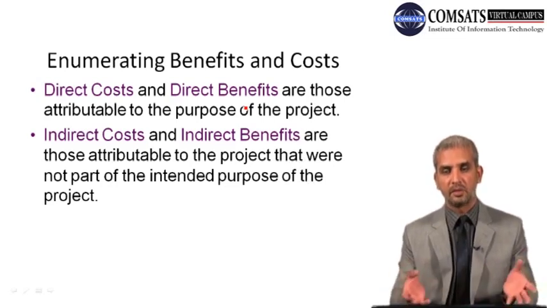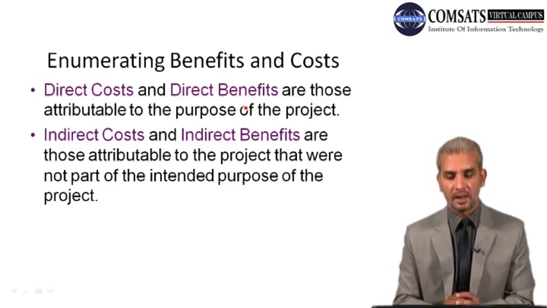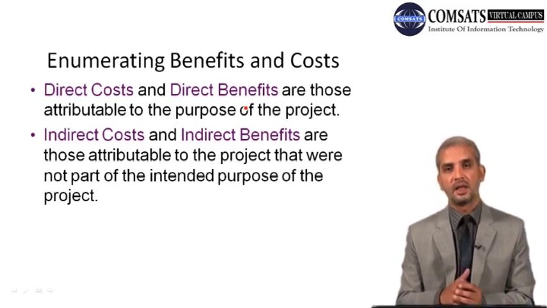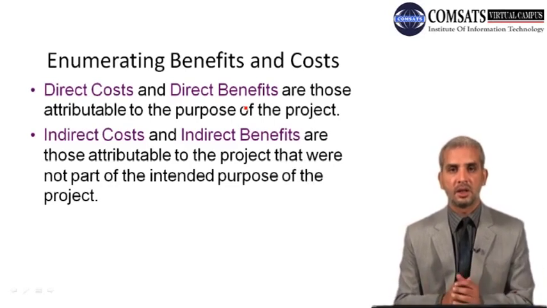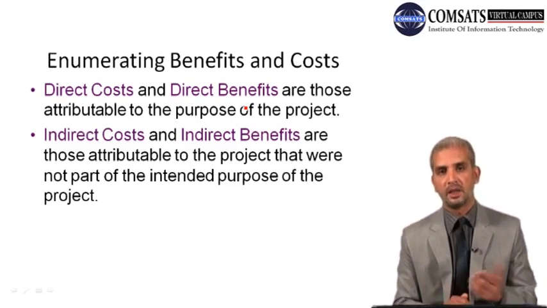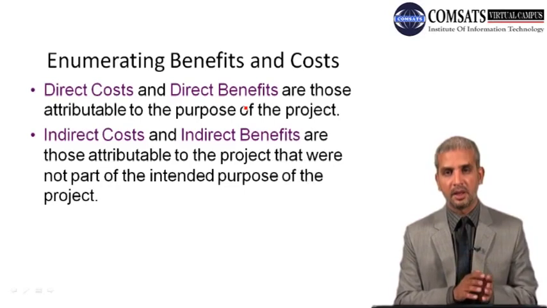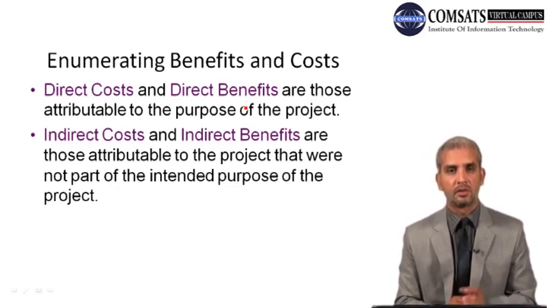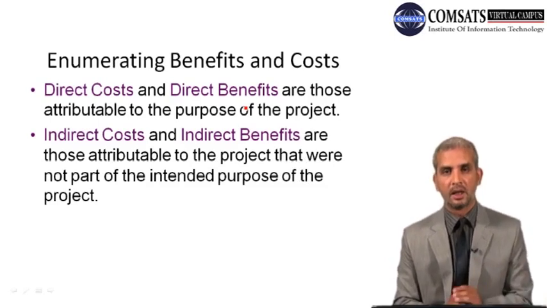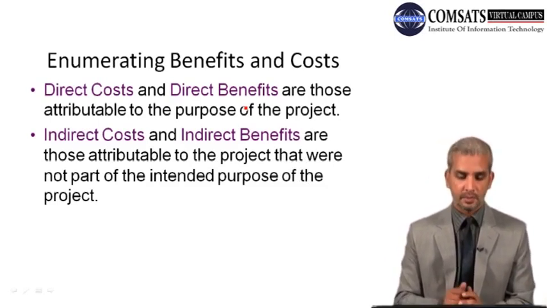Those just originated from taking up that project. In terms of indirect cost, that can be, for example, a decreased water level in some other region, or less water supply in another region, because you have started an irrigation facility in area X and drawn water from area Y, and there would be decreased output over there.